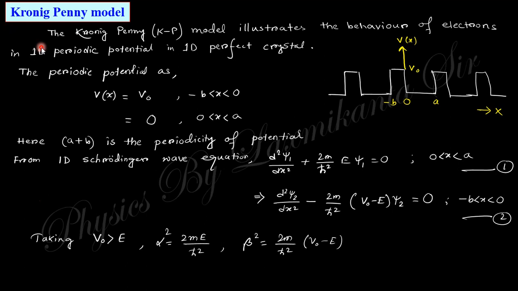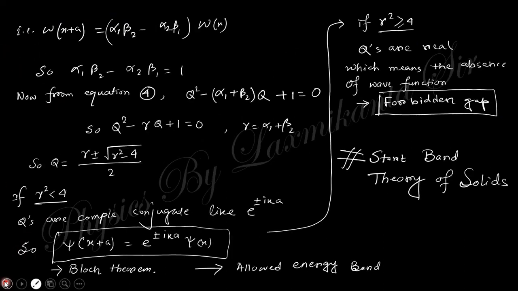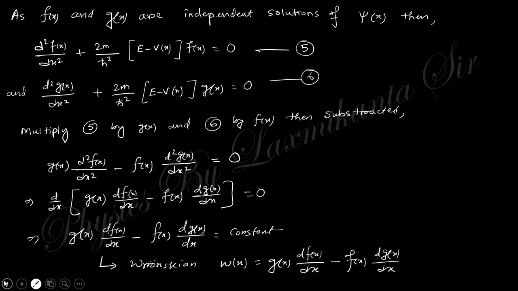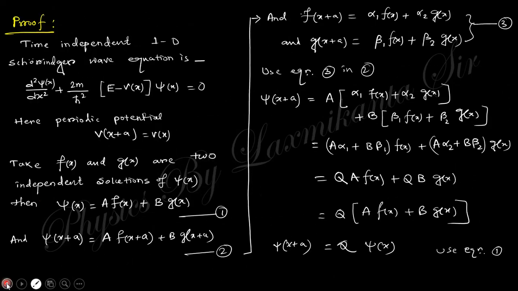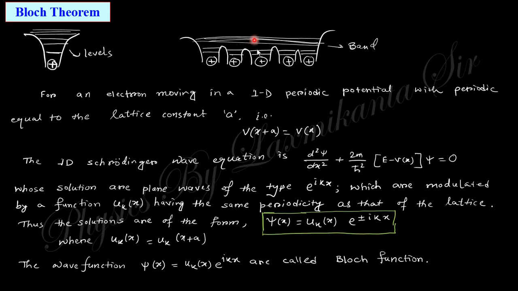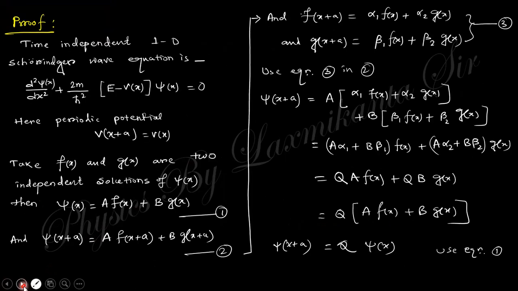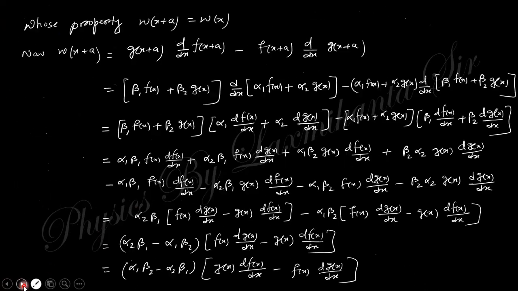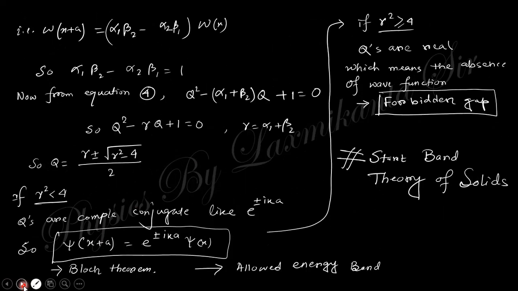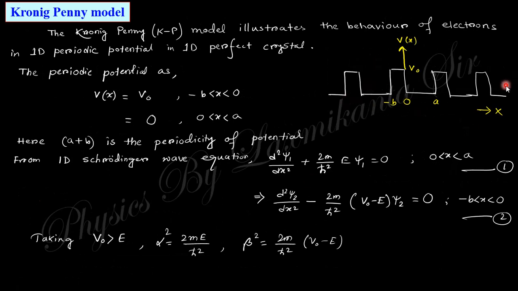In the previous model this was taken as a periodic potential like this, and this periodic potential was changed by Kronig Penney into a square barrier. So this is the modification by Kronig Penney.